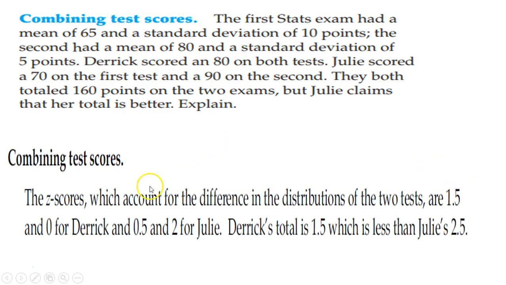So he was right on the money on one, and a little above on the other. Whereas with Julie, same idea. Julie scored a 70, which is still above the mean, and then she scored a 90, which is more above the mean, and she got standard deviations of 0.5 and 2.